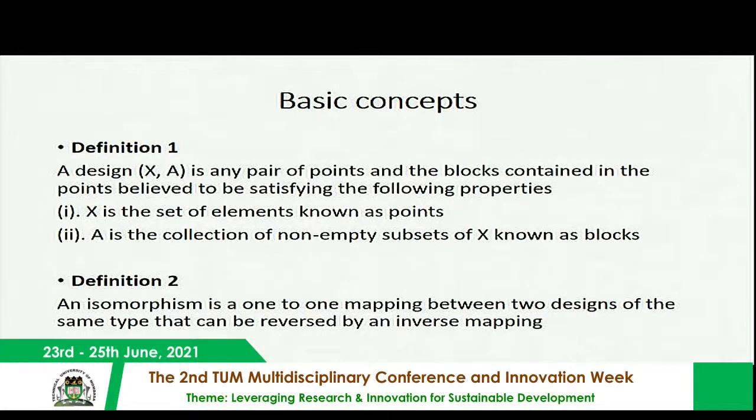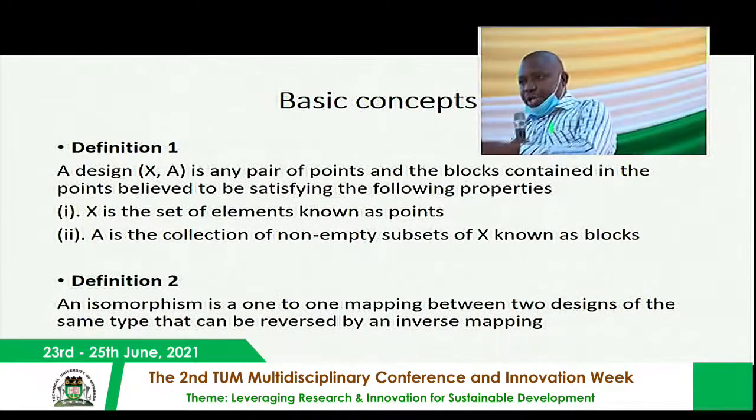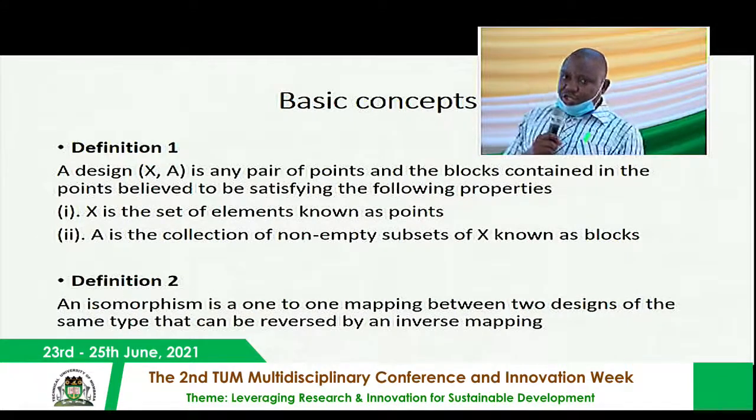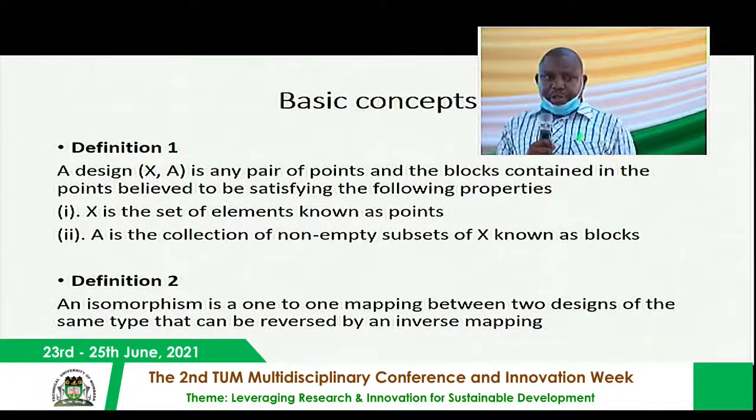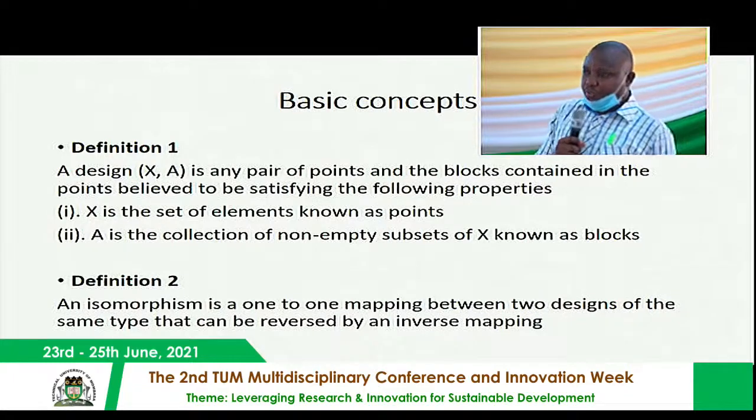The second definition, just a little before, is about isomorphism. You can't talk about automorphism without mentioning isomorphism. And we are referring to isomorphism as a one-to-one mapping between 2 designs of the same type that can be reversed by an inverse mapping. If you have a design that maps onto the other and you can get the initial design by a reverse mapping, then we talk of isomorphism.